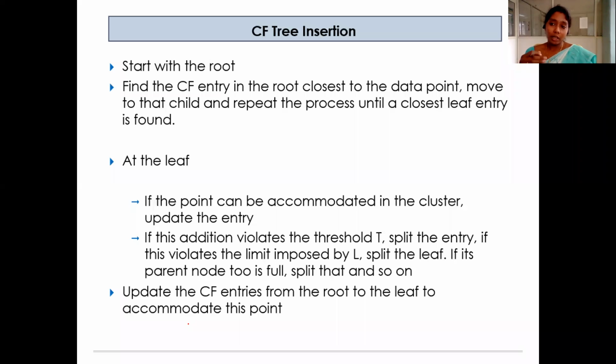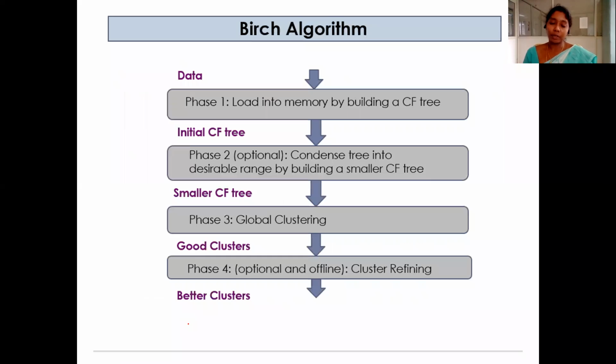If by adding that record to the particular subcluster in the leaf node it obeys the threshold, then there is no problem. Otherwise, that cluster should be split into 2 subclusters.